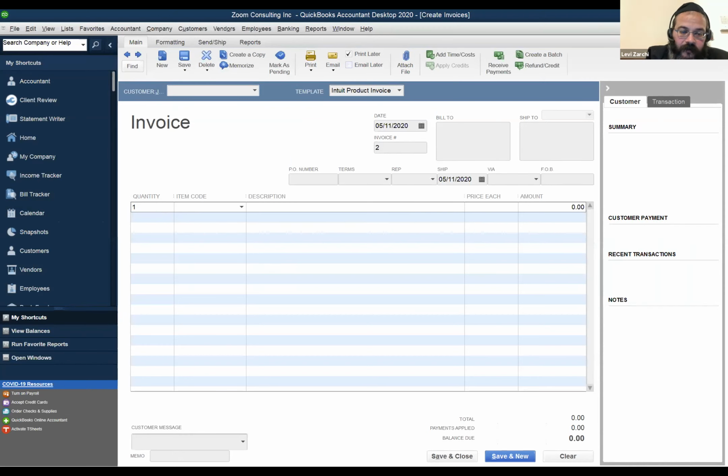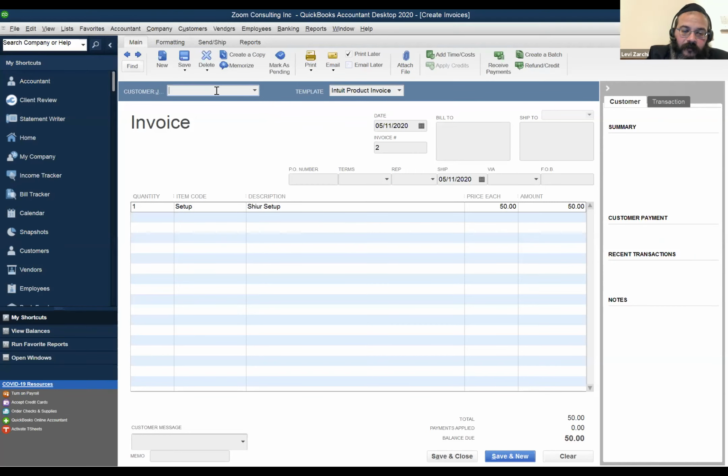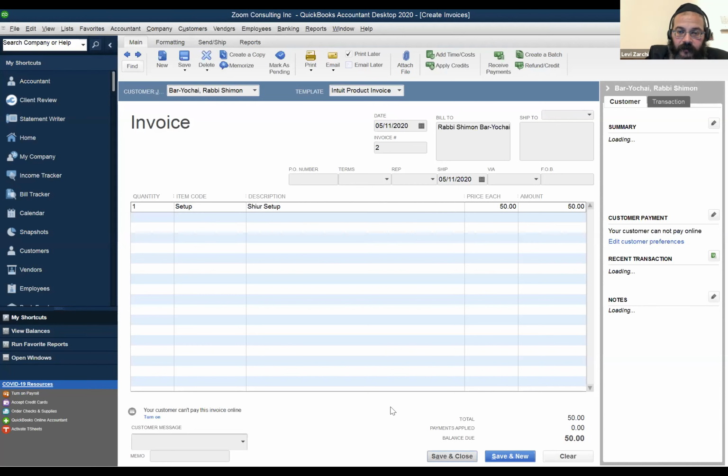Okay, 1 setup. What's going to happen? Because I put in the price, it already knows what it is. Here, you're not going to see the account. If I close it, customer field, you've got to bill a customer. Who's the customer billing? Oh, Rabbi Shimon Yochai. So we have the $50.